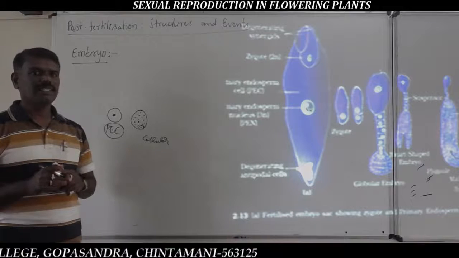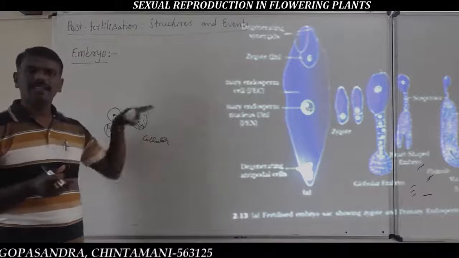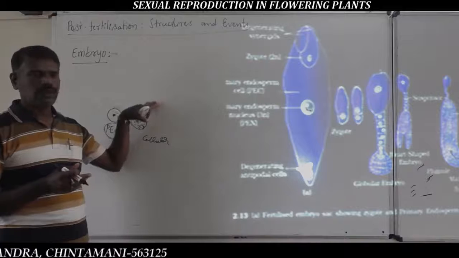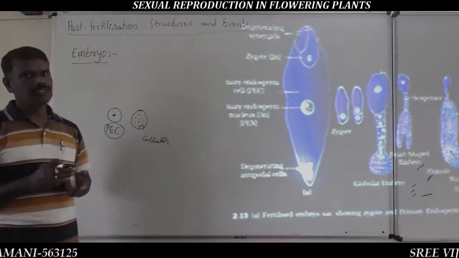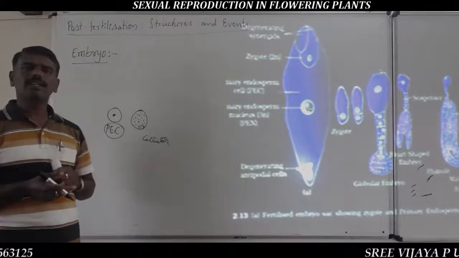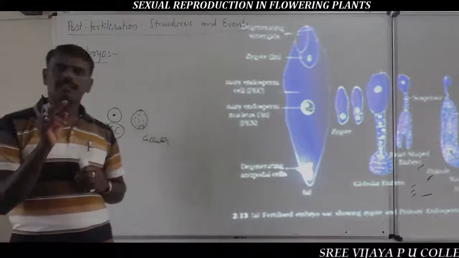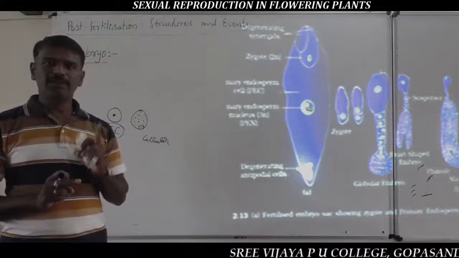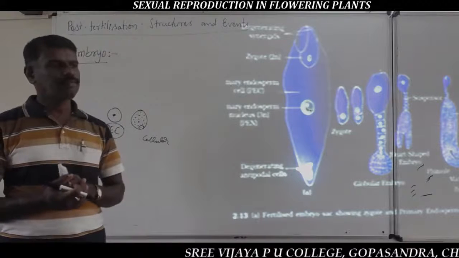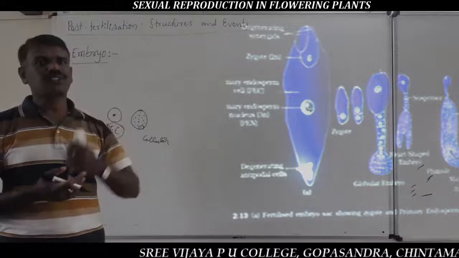The third one is intermediate between free nuclear and cellular endosperm. In helobial endosperm, the primary endosperm cell divides first by formation of a cross wall, leading to two cells.